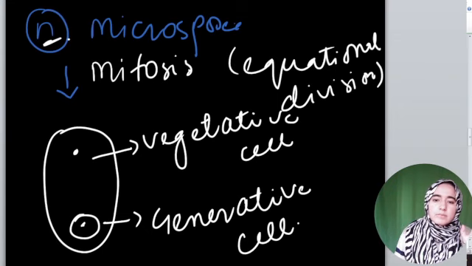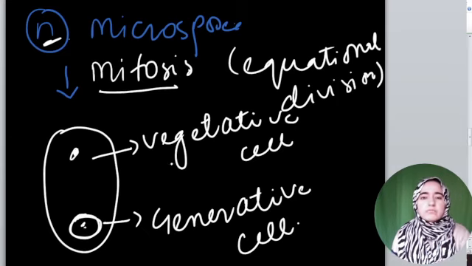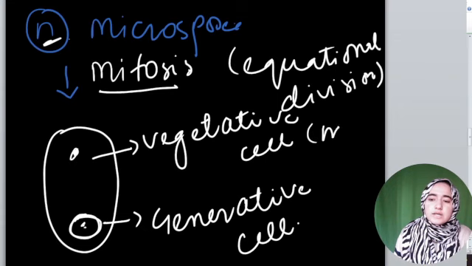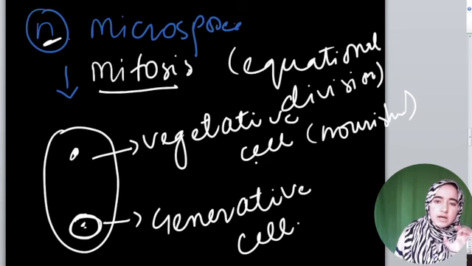But here remember, microspore will undergo one mitosis and get converted into vegetative cell and generative cell. The function of the vegetative cell is just to provide nourishment to the generative cell, and the generative cell will undergo cell division and give male gametes. I hope this concept is clear.